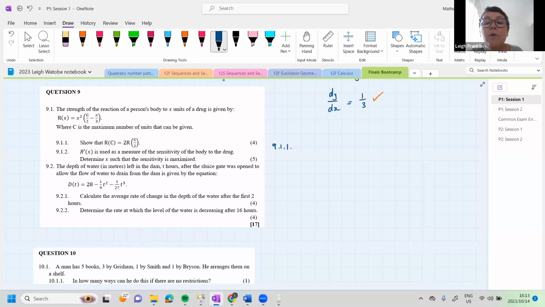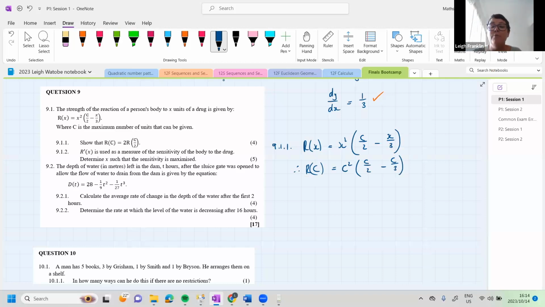if R of X is equal to X squared into C over 2 minus X over 3, then it means that R of C, so now in place of my X, I'm subbing in my C. I would now end up with C squared into C over 2 minus C over 3.